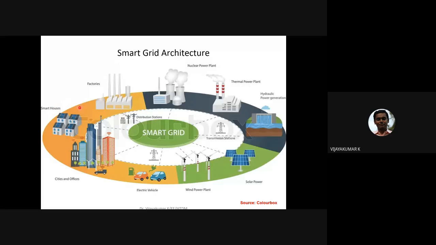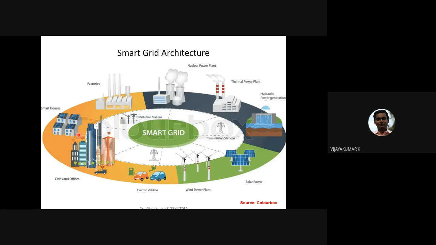So how is this energy conservation and energy saving possible in the smart home? Once you get the variable tariff, all your devices, gadgets, appliances, for example your refrigerators, air conditioners, dishwashers, washing machine, heater, your TV, everything is connected with your home area network. You can connect all these devices in the network.